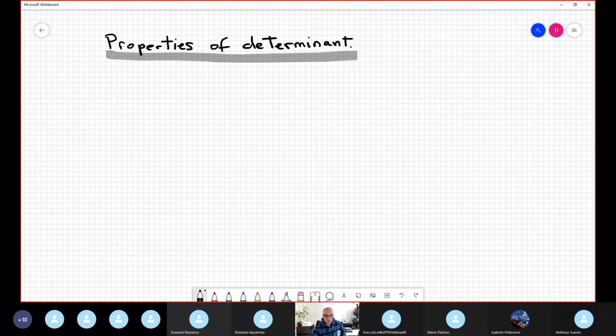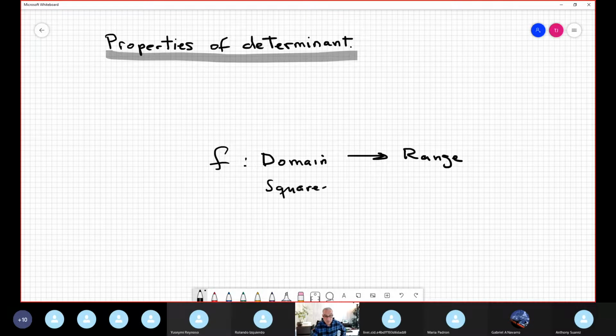When you're studying algebra, a function has a domain and a range. Domain is the collection of objects. In this case, the object for that function is a square matrix. What does square matrix mean? 2 by 2, 3 by 3, 4 by 4, and so on.